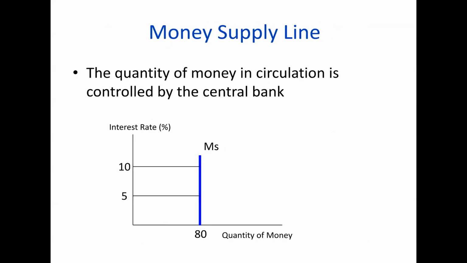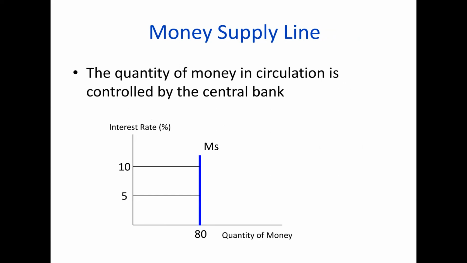So the supply of money is always constant. It's always vertical because it's exogenous. It's influenced by the central bank. Okay. It is not related to the interest rate, right? It's not affected. There's no relationship whatsoever. That's why you see that the supply of money is vertical.